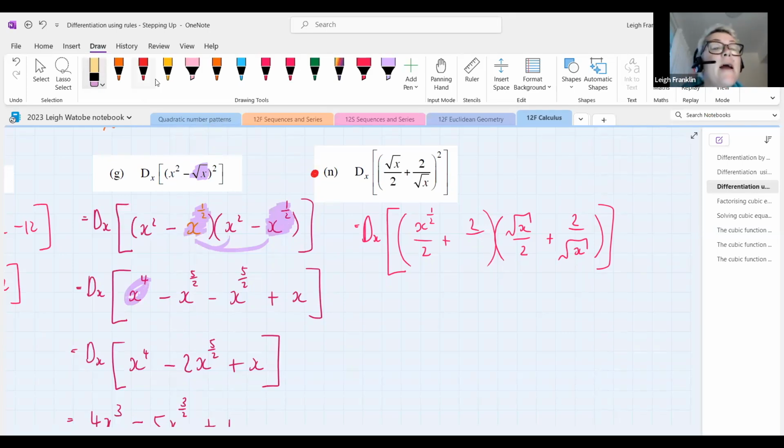You can write that as x to the power of a half. It just helps you to do two things at once rather than write everything out again. But if you didn't do this and you did it in the next line, it doesn't matter at all. So I'm just doing that for you.